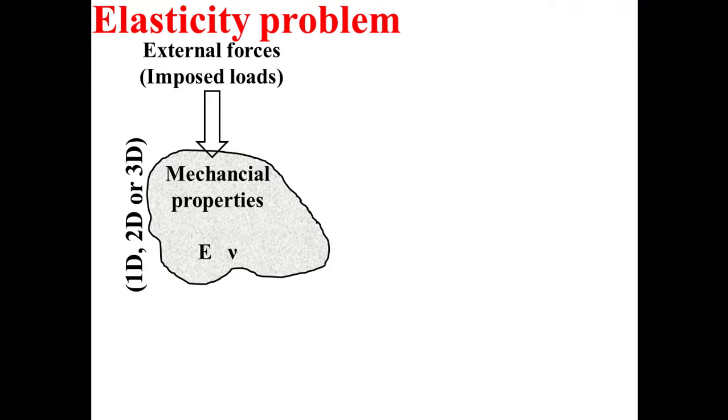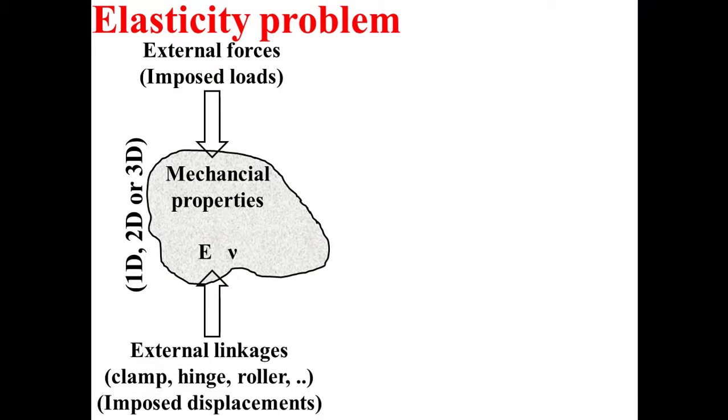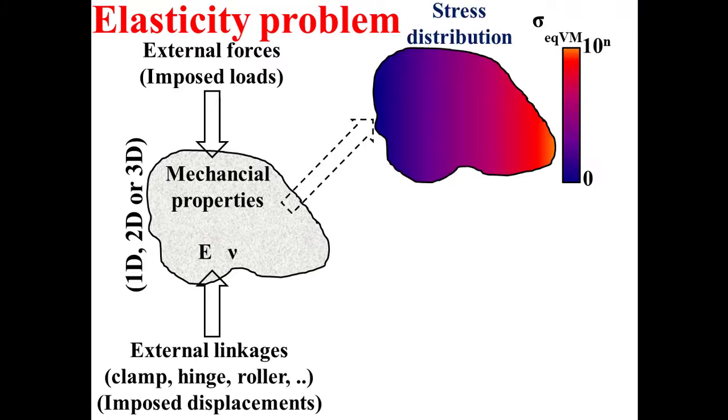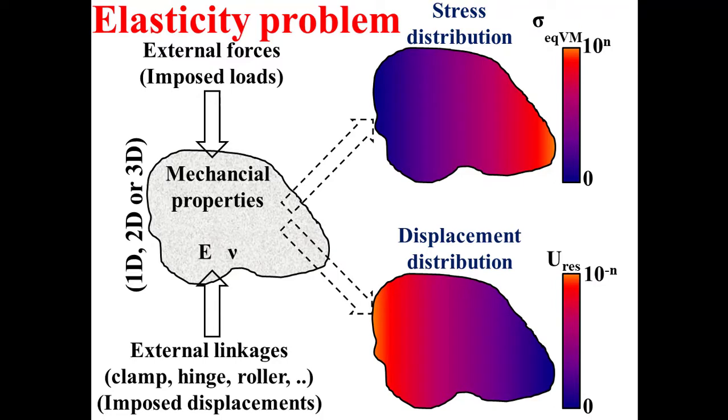And when this body is subjected to external forces as imposed loads and external linkages as imposed displacements, it will react, it will answer to these external forces and external linkage, and this answer will be under the form of a stress distribution and a displacement distribution.